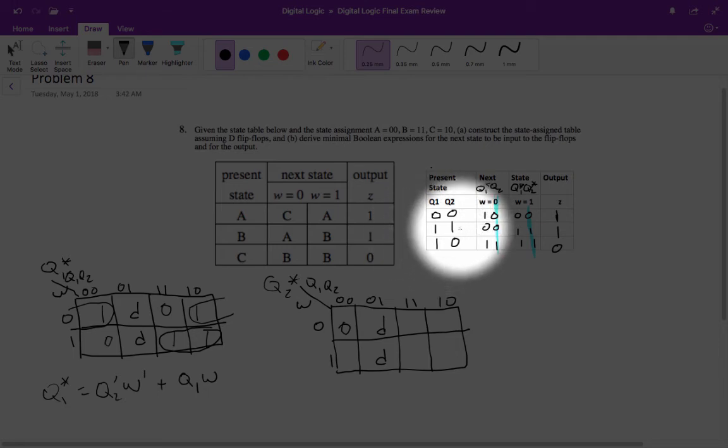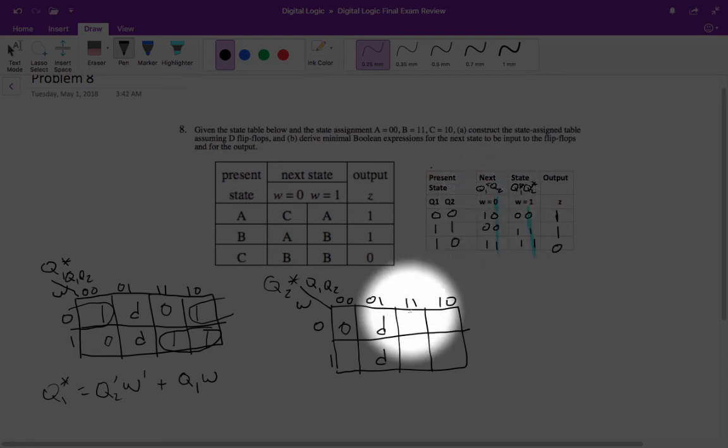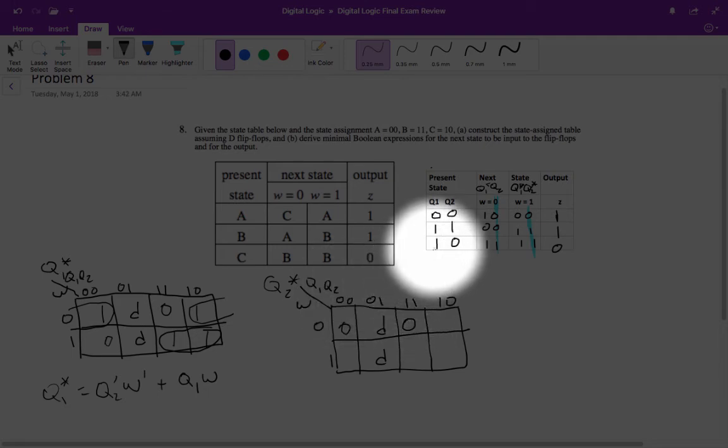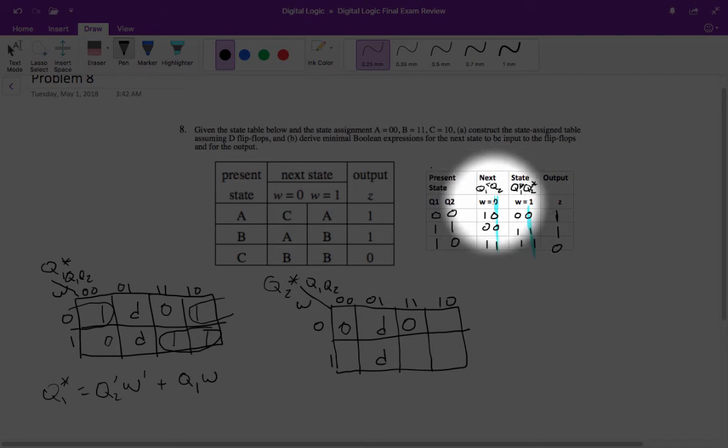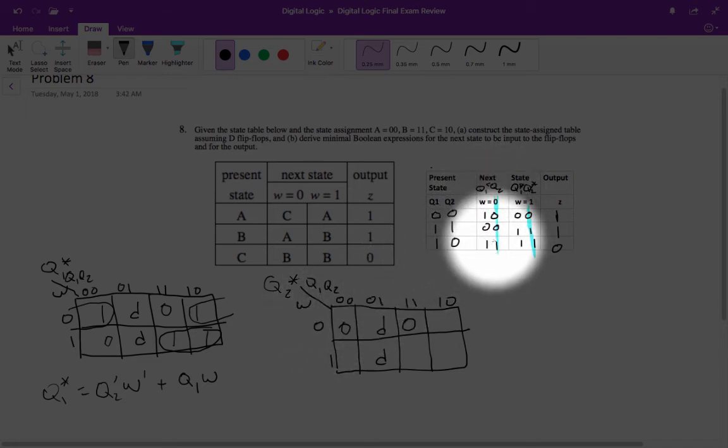When Q1 Q2 is 1 1 and W is 0, then Q2 star is 0. When Q1 Q2 is 1 0 and W is 0, then Q2 star will be 1.